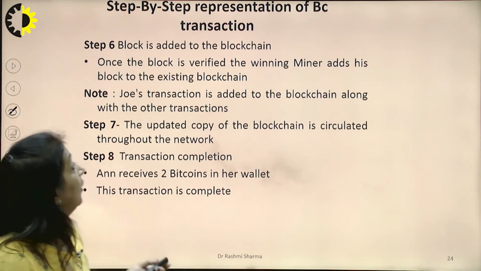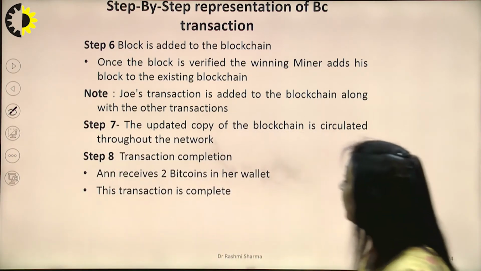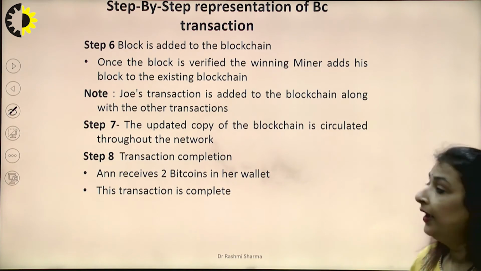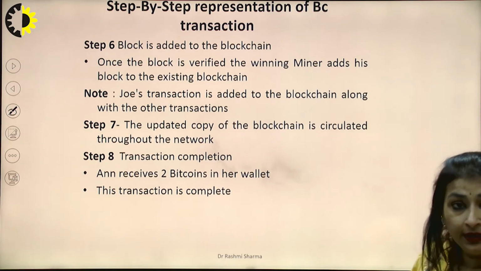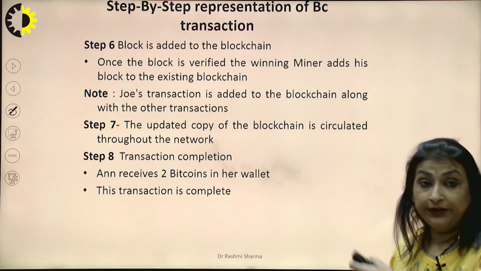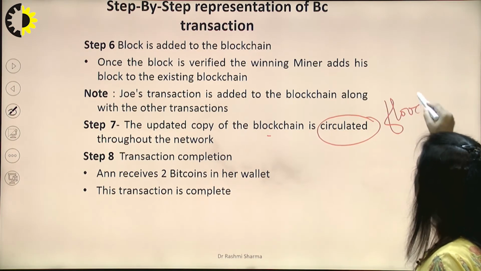Okay. So sixth, we add that block. Once the block is verified, the winner adds the block to the existing blockchain, and then the Joe transaction is added to the blockchain along with the other transactions. The updated copy of the blockchain is circulated through the network. For this circulation, we usually use the flooding method.